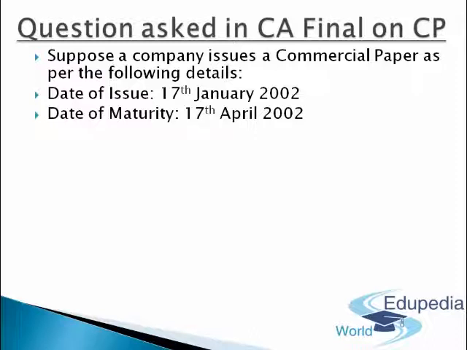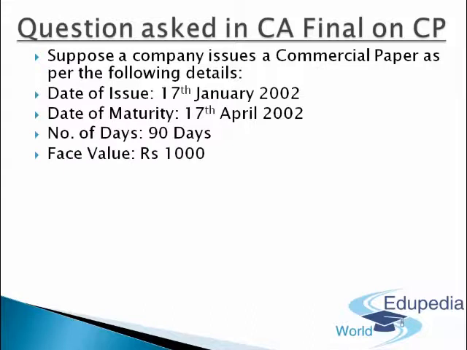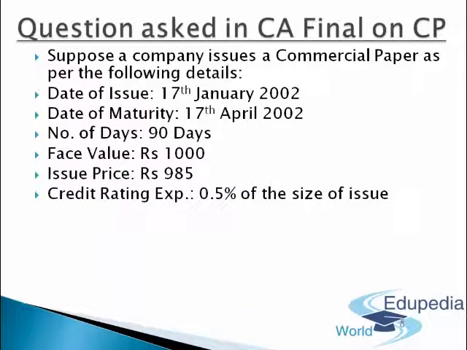So date of maturity is 17th April 2002. Number of days over here is 90. Face value is rupees 1000. Issue price is rupees 985. Credit rating expenditure is 0.5% of the issue size. So now the question has entirely taken a different route from our last question.